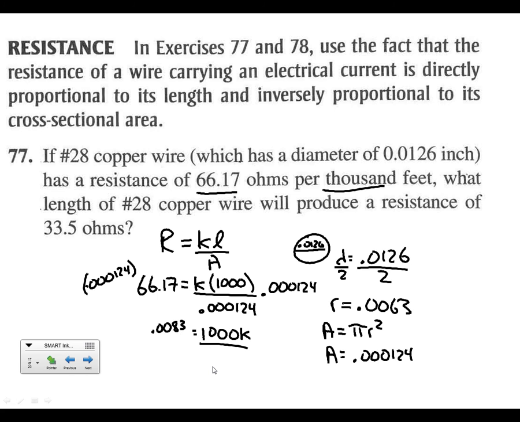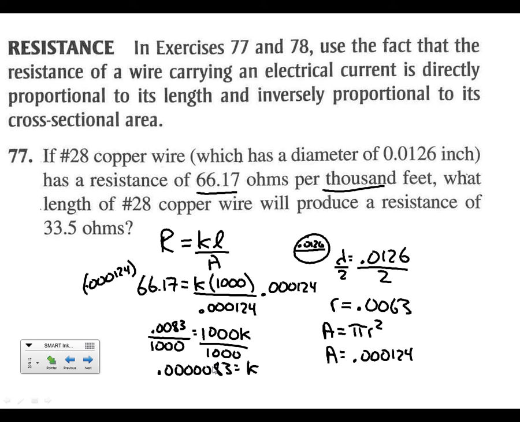And so we'll divide by 1,000. That's going to move our decimal 3 places, so 0.000083 equals K on this one.